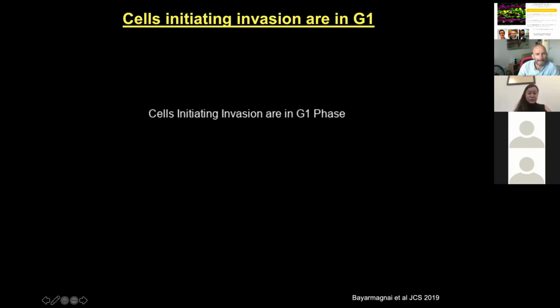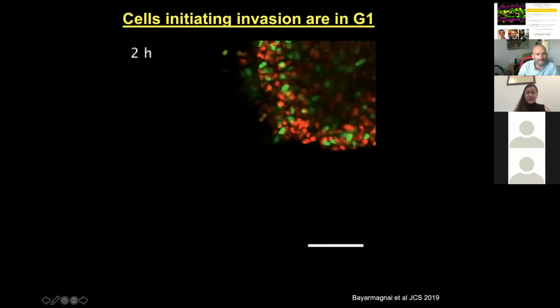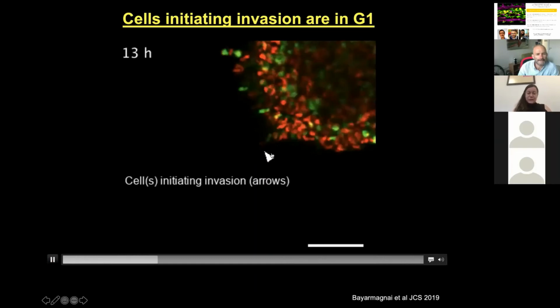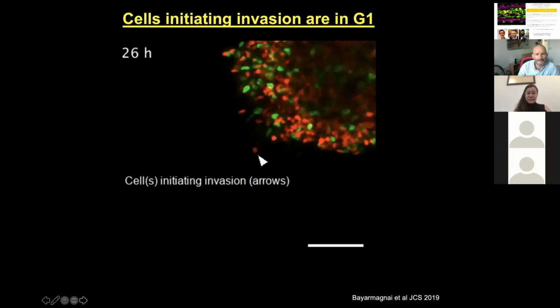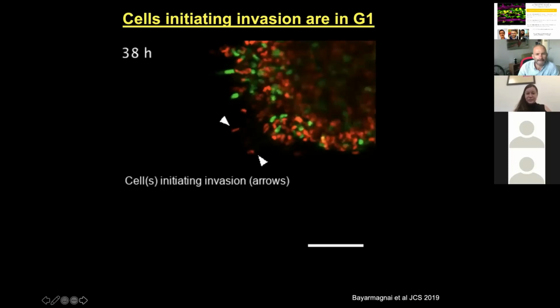In addition to mechanism, we also, of course, wanted to show that this is true both in 3D and in vivo. We made the Fucci spheroids, and we showed that invasive strands are indeed initiated always with the red cells. Then the green cells start following.